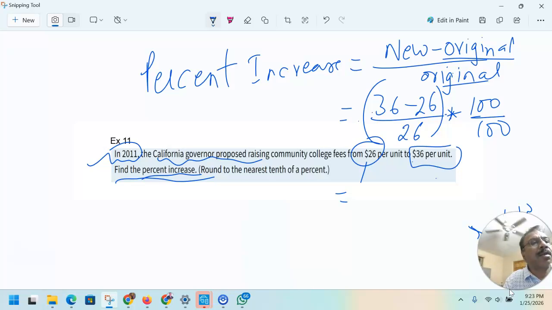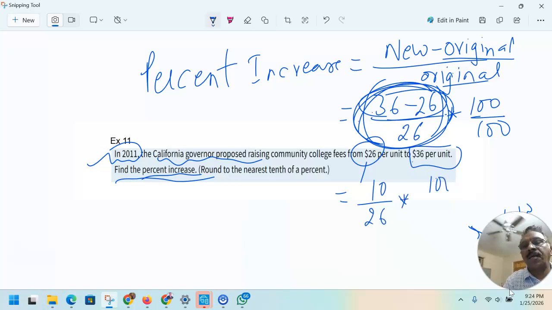When you subtract, you get 10 out of 26. Or you can directly put the whole thing: 10 out of 26, times 100. You don't have to show all the steps. This will end up getting 0.38.